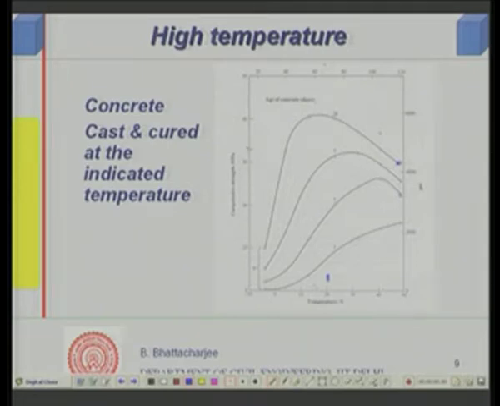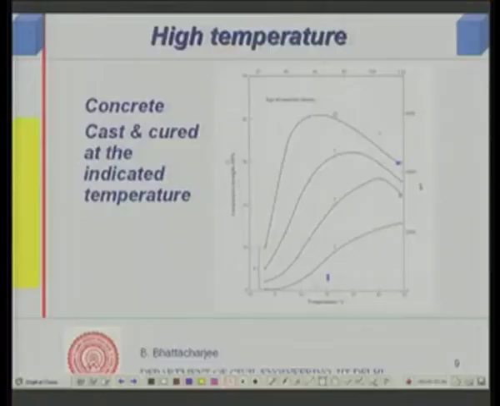We can conclude from this that if you want high early strength, you can go for high temperature, but if you want high long term strength, high temperature is no good; maybe up to 23 degree centigrade is good enough. So, high early strength can be had by high temperature curing, but at the cost of long term strength.